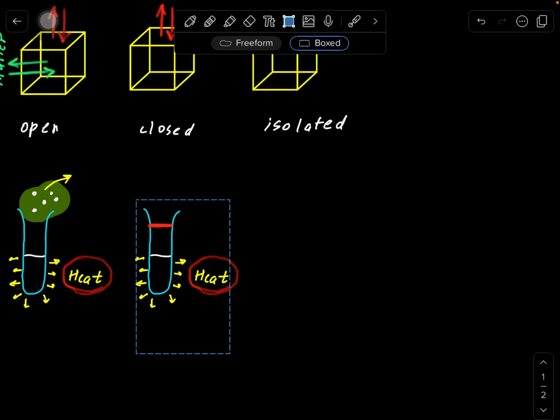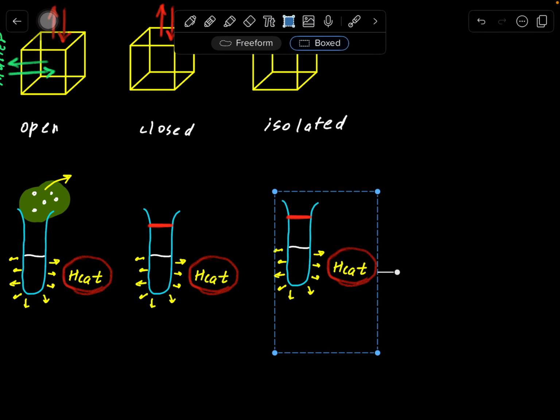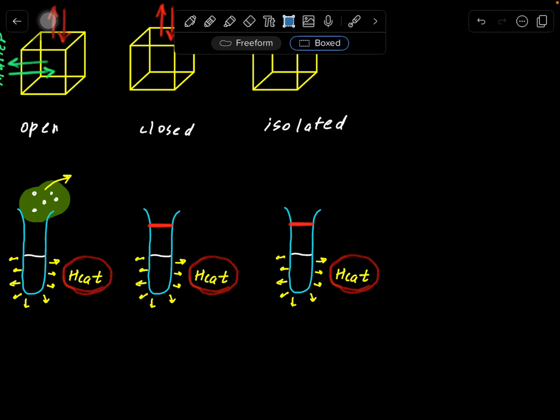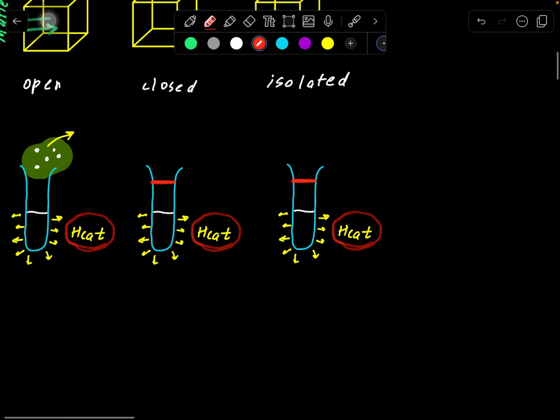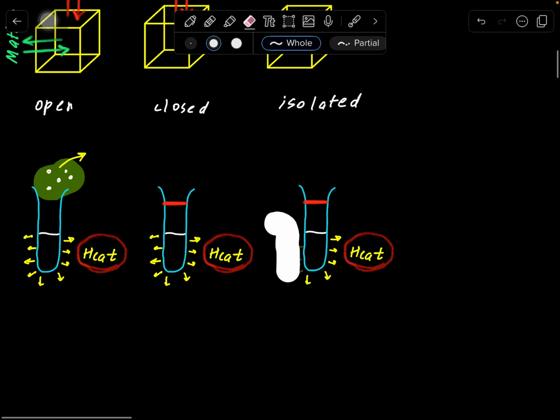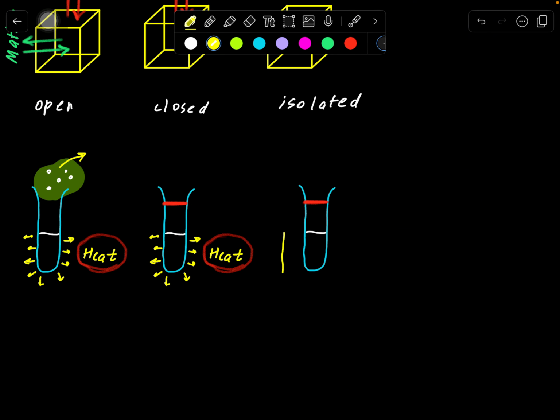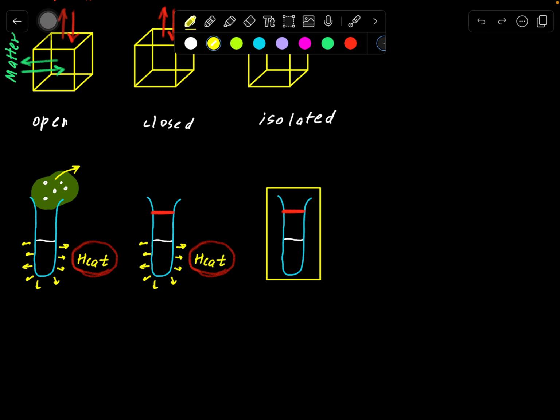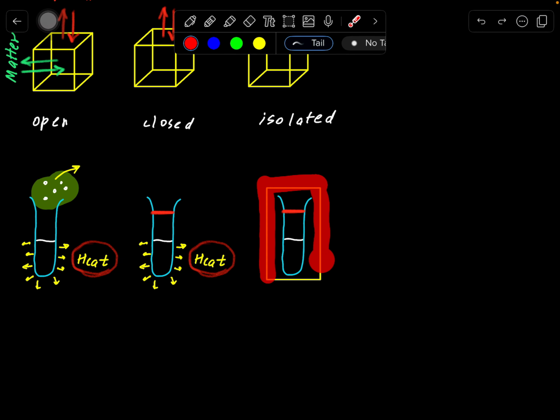Now, if you were to take your test tube and let's say put it in a box here, okay? No more heat can leave the box. So you've defined a new system, which is this new box, and no more heat can leave the box.